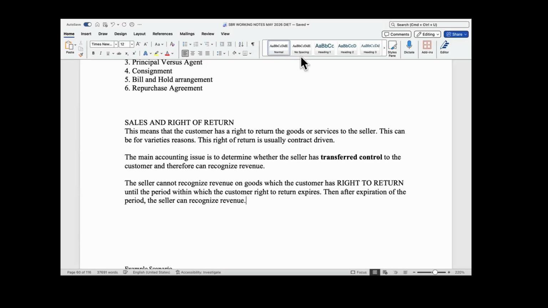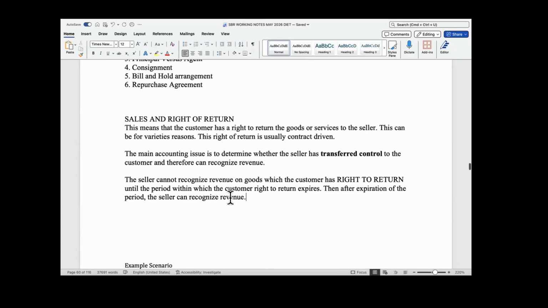Now, on the period within which the customer's right of return expires, after which you can go ahead and recognize revenue.